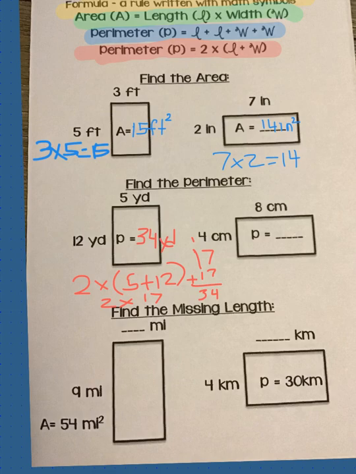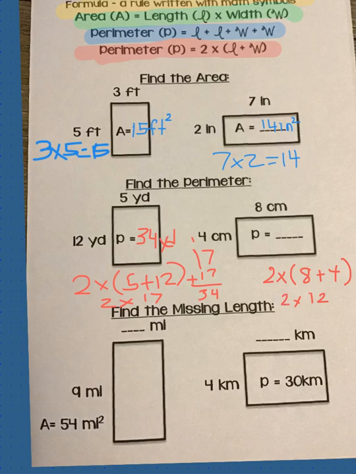Okay, same thing over here. We're going to do 2 times the sum of 8 plus 4. Well, 8 plus 4 I have to do first, so that's 12 times 2.